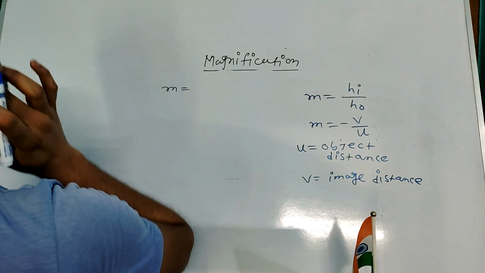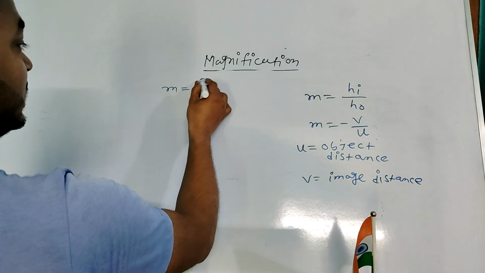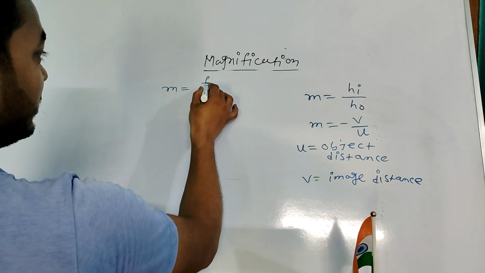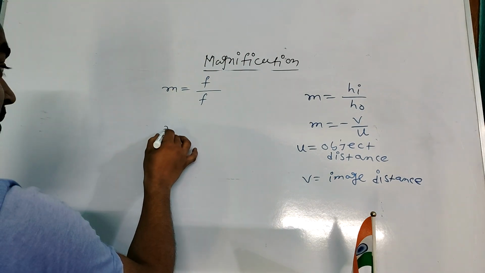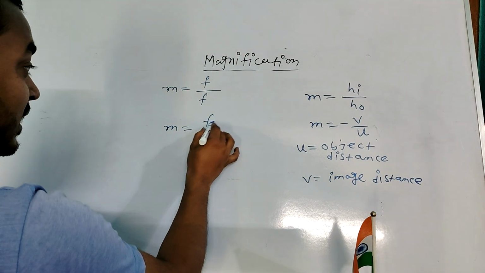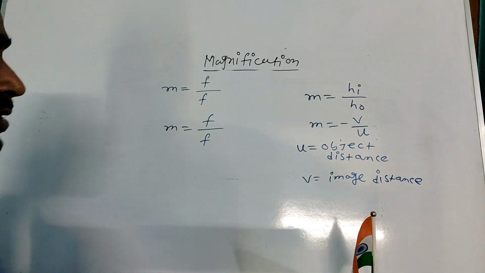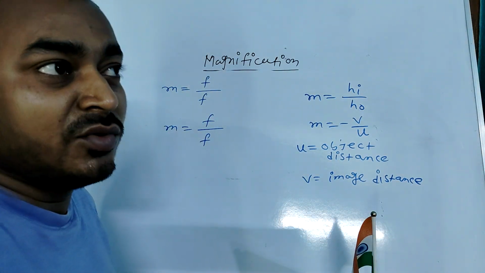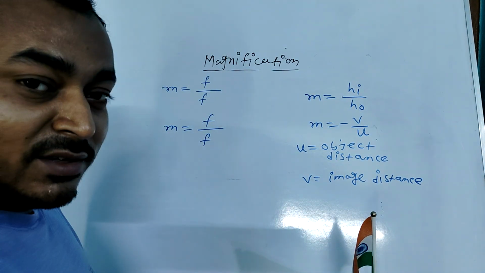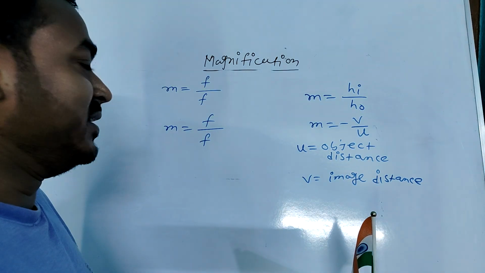Magnification is equal to f by f minus u, another one f by f minus v. This is magnification.